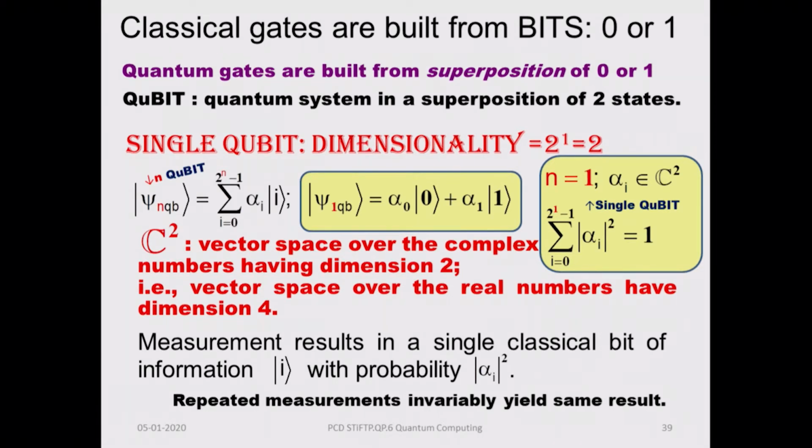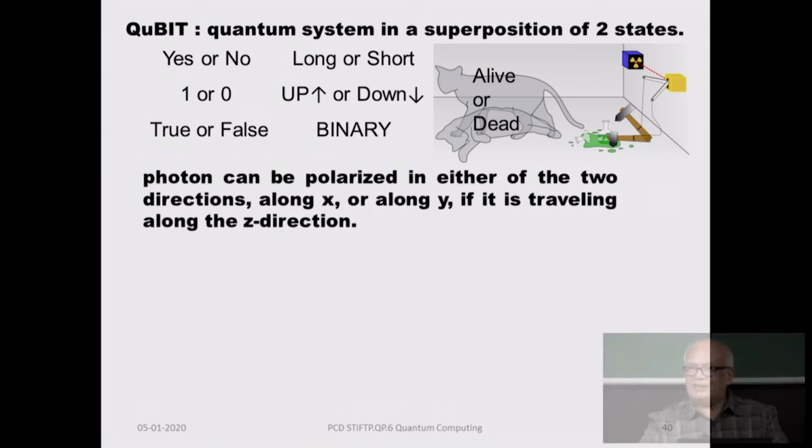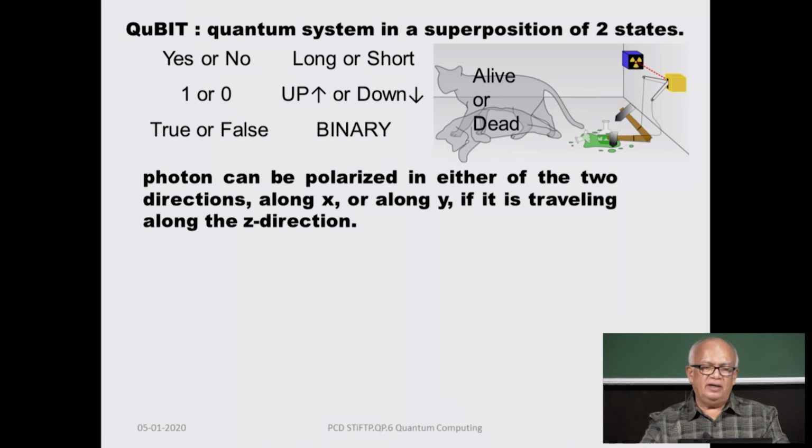So alpha i is the complex amplitude, and its modulus squared will give you the probability that it will collapse into the state i, whether it is 0 or 1, but it is going to be either one or the other. Okay? So, this is a qubit. It is a superposition of two states, superposition of dead and alive cat.